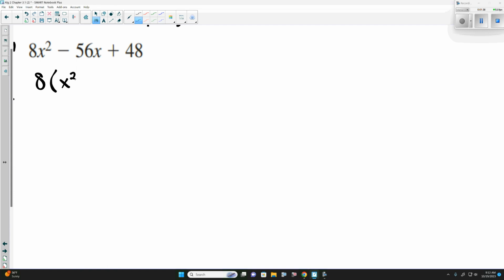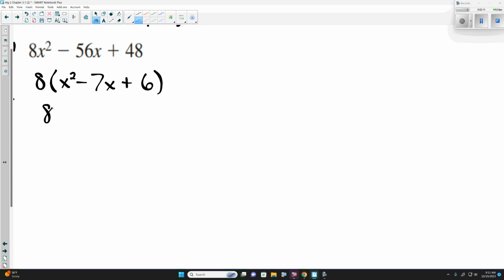Minus 8 factored out of 56 is 7, plus, if we factor 8 out of 48, we get 6. So 8 is the greatest common factor. We can divide it out of all 3 terms. We do put the 8 out front, and we have this here.